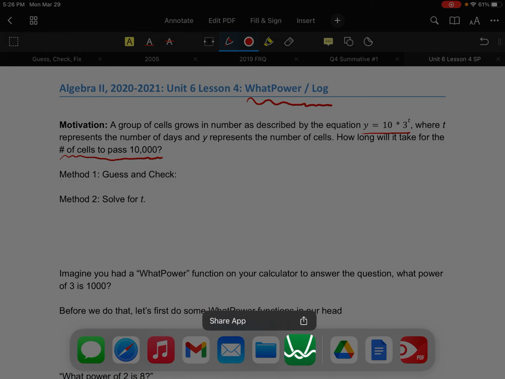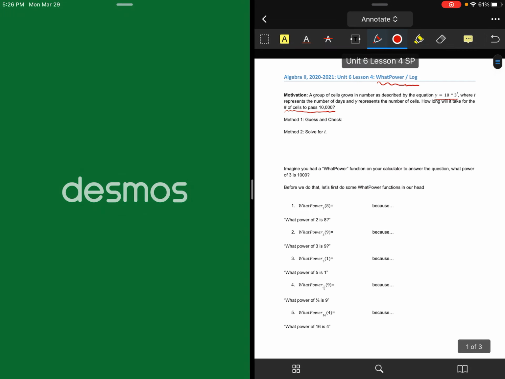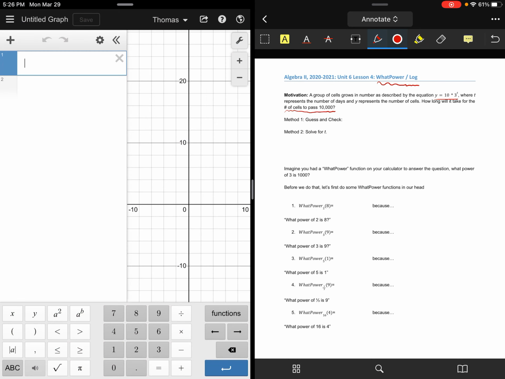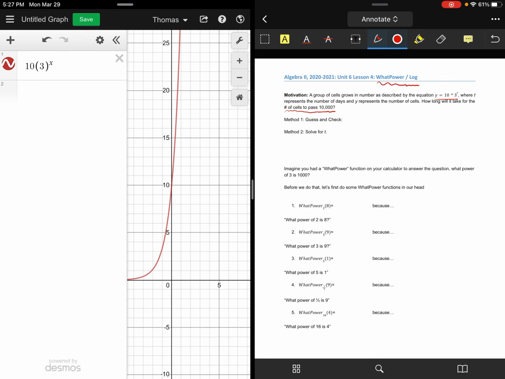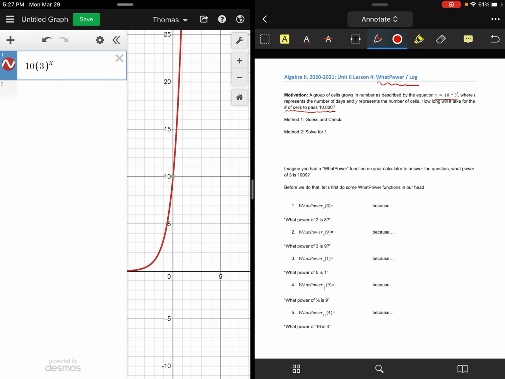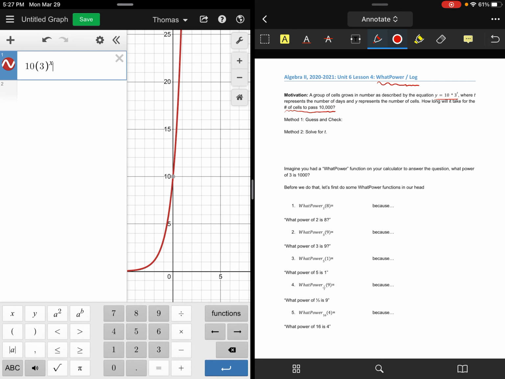And when we did this in class, there really was no better way than a guess and check method, or to look at a graph till you figured it out. So if we had 10 times 3 to the x, instead of to the t, we could try and keep tracing our fingers along this until we found exactly when it hits 10,000.